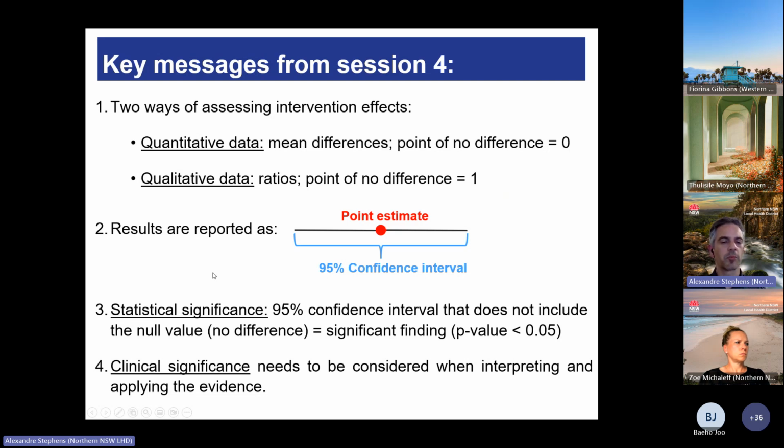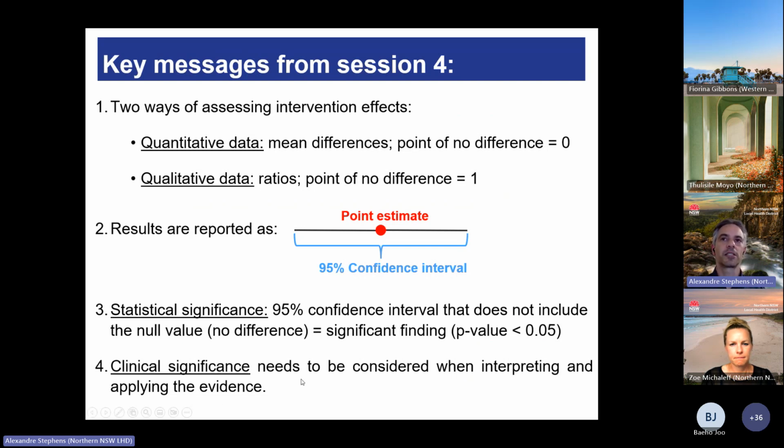Results will typically be reported as point estimates and associated 95% confidence intervals, remembering this is probably the most important component of a statistical result. In terms of statistical significance, if the confidence interval doesn't include or overlap with the point of no difference, it will be a statistically significant result.